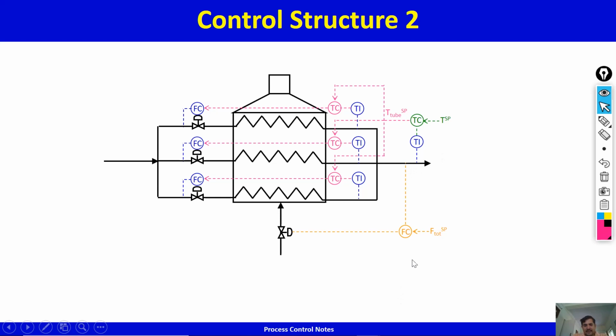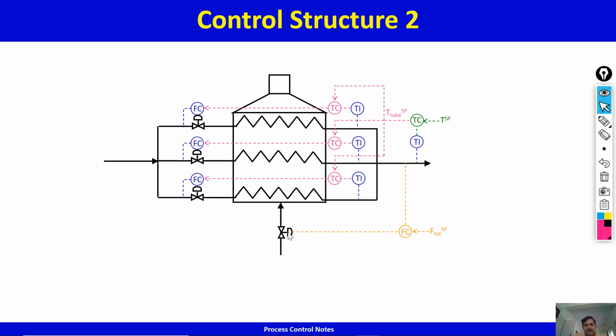On the other hand, if you adjust Q, first the firing rate will increase, you'll have to bring in more air, more fuel, then the firing rate will increase. As the firing rate increases, the tube metal will get heated up more, and then more heat will be transferred to the oil in the tube, and that is how the tube outlet temperature will increase.